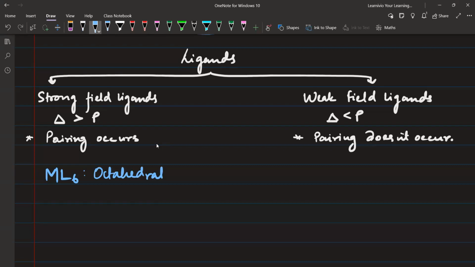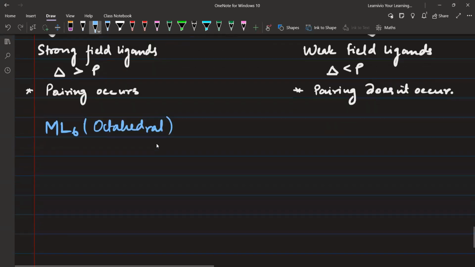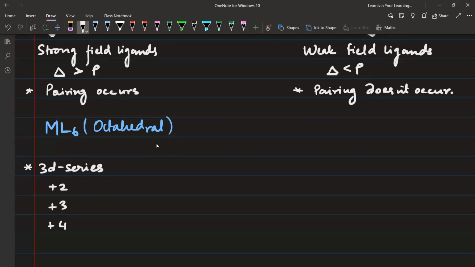In the case of octahedral splitting, right? यहाँ से देखिएगा, ठीक है, please see very carefully. First of all, you are going to look at the series. If the metal is of 3D series and the oxidation state can be +2, +3 and +4.